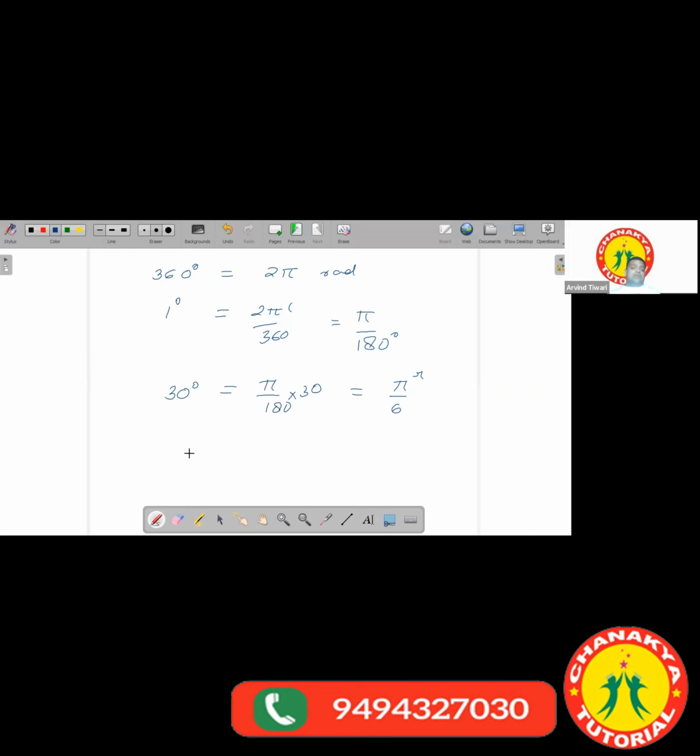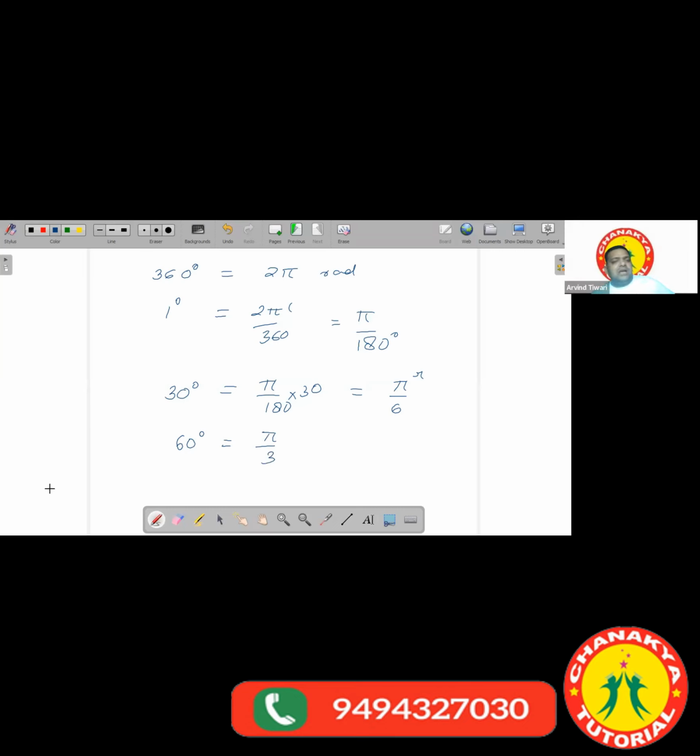If you say 60 degrees, 60 degree would be equal to how much? Quickly perform the calculations on your paper. Pi by 3. Yeah, it would be pi by 3. Everyone is supposed to calculate and quickly answer.